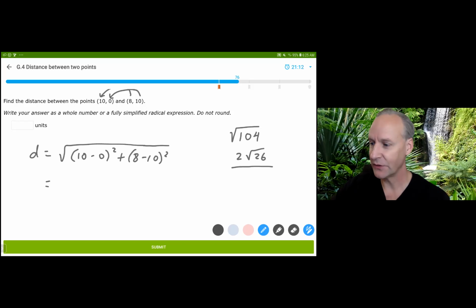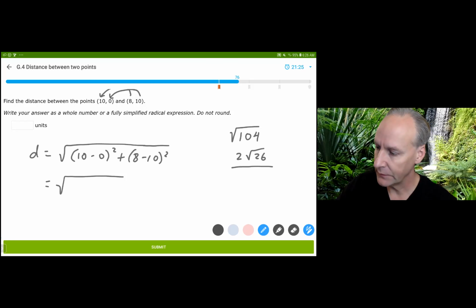So I recommend that your arrows are always going in the same direction. What this is doing is ensuring that you're taking the difference in the y's and the difference in the x's in the same order. Anyway, that is the square root of 10 squared, which is 100, plus my negative 2 squared, which is 4. And that is the square root of 104.